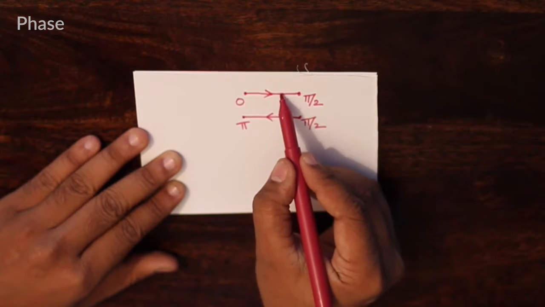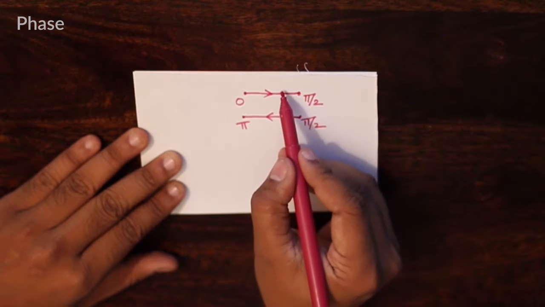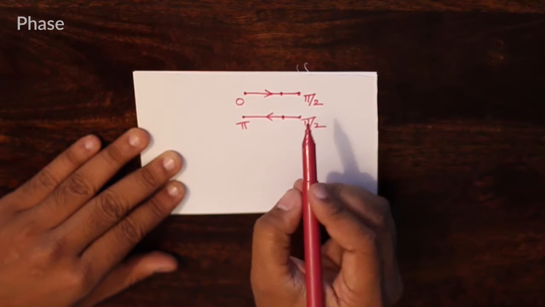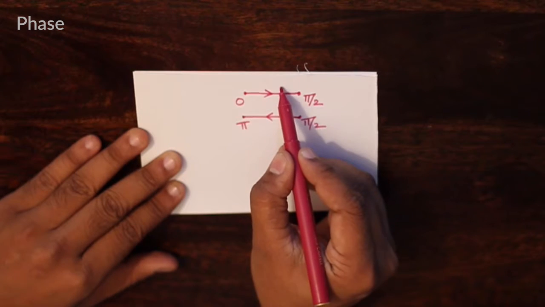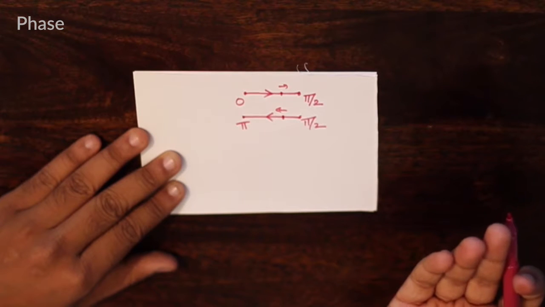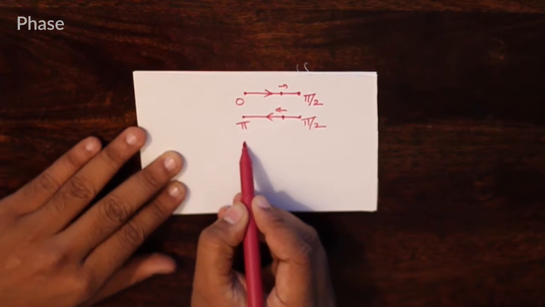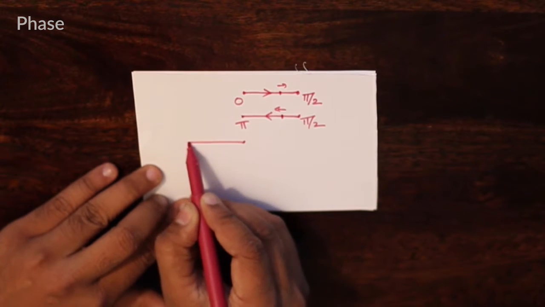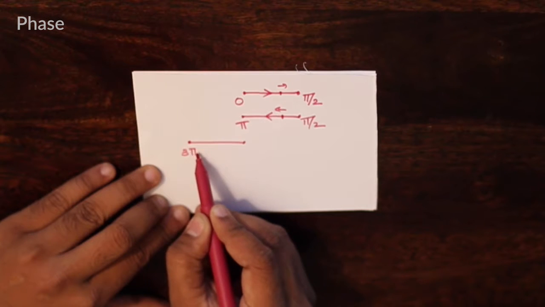So you see that the same displacement could occur twice in one cycle. But here the phase is different, here the phase is different, and that corresponds to the distinct parts of the SHM where here the body was moving in this direction and here it is moving in this direction. The velocity is different, although the displacement might be same. And from the pi phase, the bob could move to the next extreme, which is at a phase 3 pi by 2.